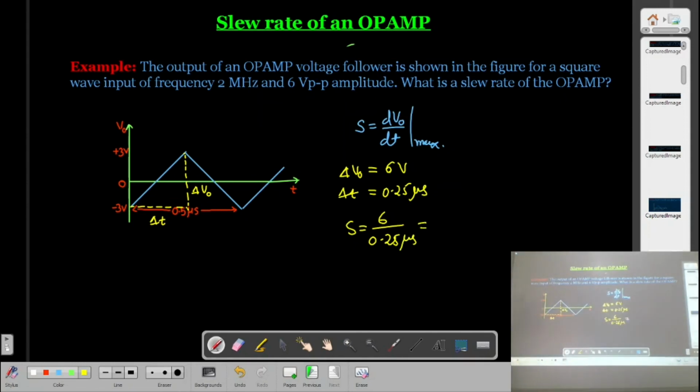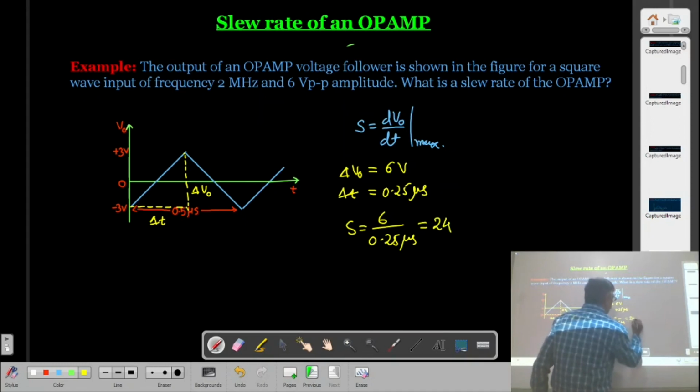This comes out to be 24 volt per microsecond.